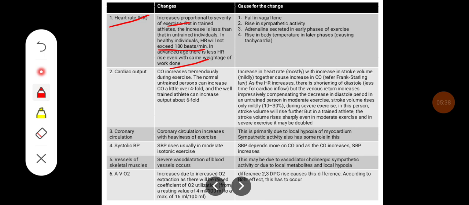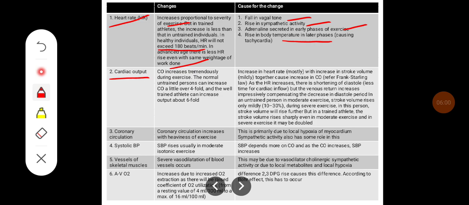And these changes occur mainly because there is a fall in the vagal tone and a rise in the sympathetic activity, the adrenaline secreted in the early phase of exercise, and rise in the body temperature in later phases, which mainly leads to tachycardia.